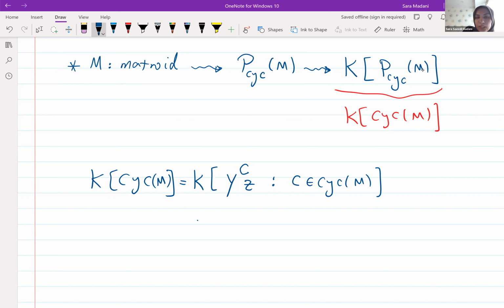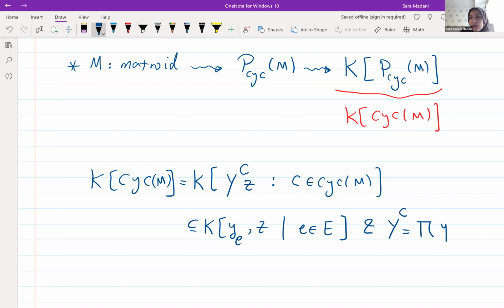And this is inside this polynomial ring K[y_e, z], such that e is inside the ground set of my matroid. Okay. And just to be more precise, let me write again this y^c. It was just the multiplication of some variables. Which ones? Those which belong to C, which is the cycle of my matroid. Okay, so this is the K-algebra that we are considering. We introduced it above in a more general setting, and here for my matroids.